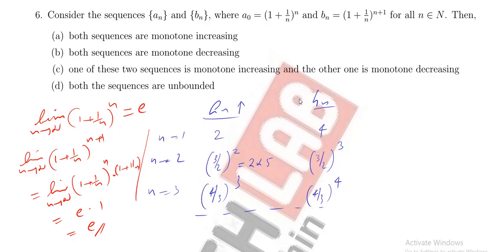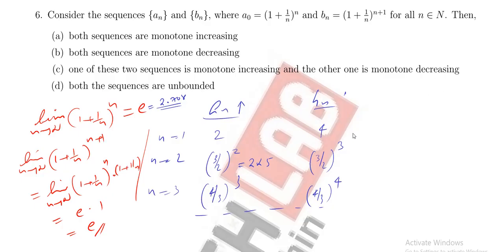Okay, and we know the value of e, right? E is some 2.718, something like that. a_n starts from 2 and converges to e, so that's an increasing sequence, from 2 increasing to 2.7, something like that. And here b_n starts with 4 and starts decreasing, right?